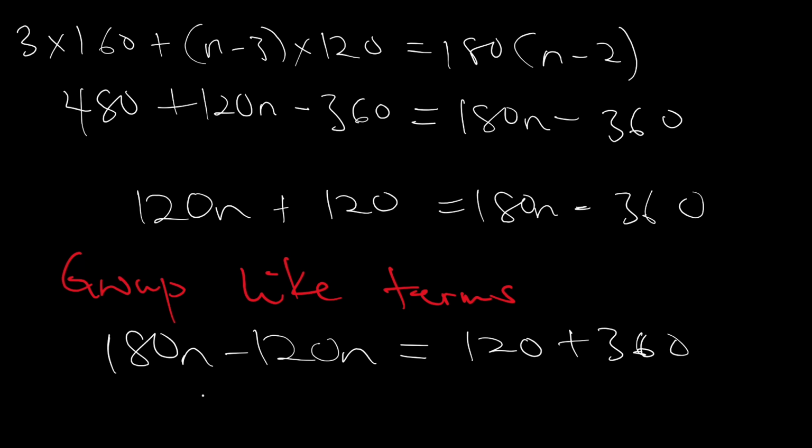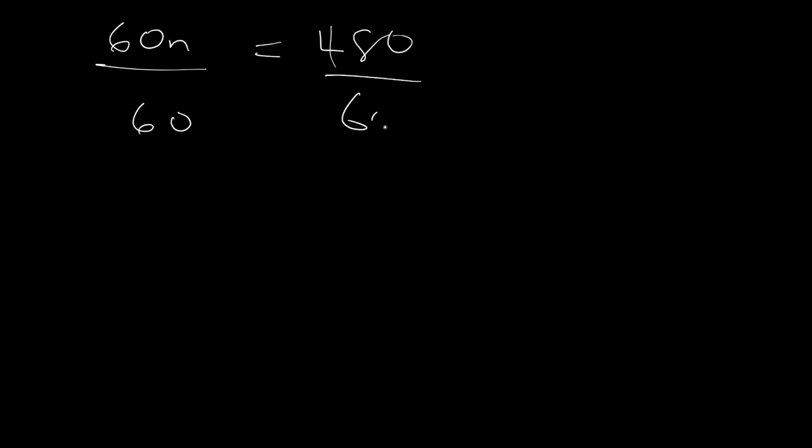So 180n minus 120n, we have 60n is equal to 480. So to make n the subject, we divide both sides by 60. So 60n over 60 is equal to 480 over 60. Now 60 cancels 60, we have n is equal to 480 divided by 60, we have 8.